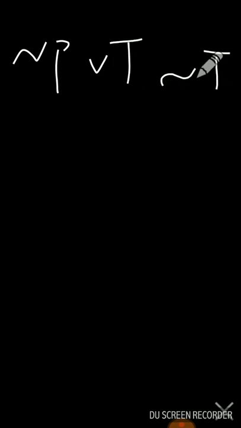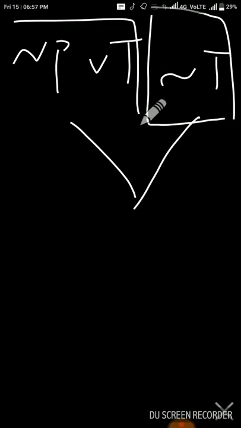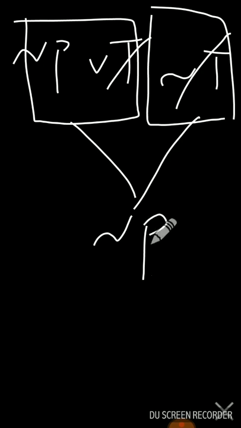Suppose you have negation of P and T, and here you have T, negation of T. So you just combine them. This is the first one, this is the second clausal form. If you combine them, these two will be cancelled off. You are left with negation of P.